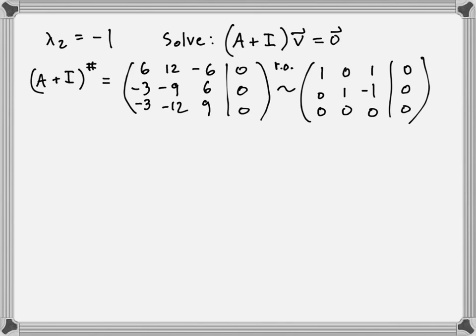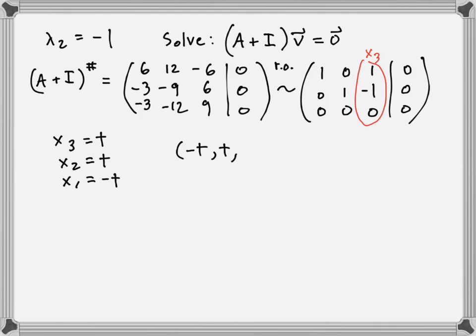Only 1, right? Because this is the only column that does not contain a leading 1. That's for x3. If we make x3 equal to t, x2 would also be t, and x1 is -t. So we end up with the set (-t, t, t), which is the same as t times (-1, 1, 1).